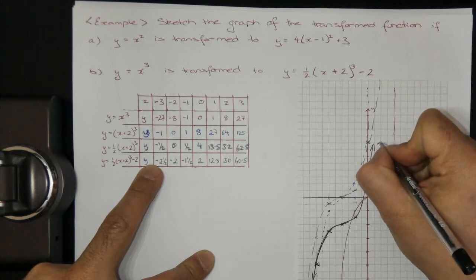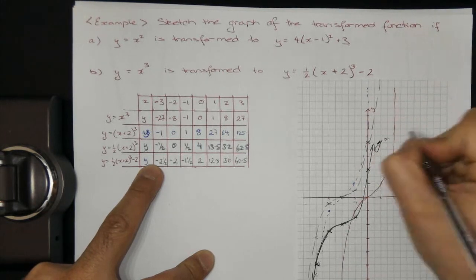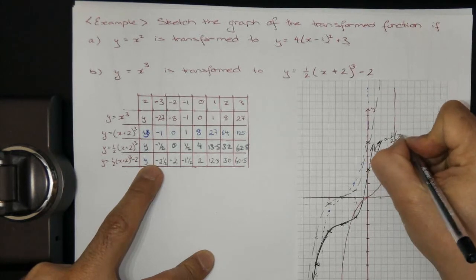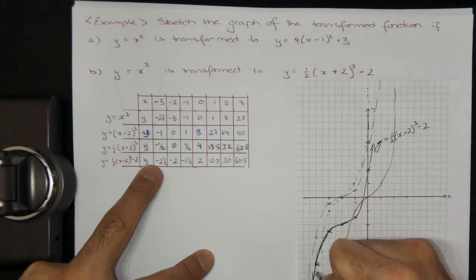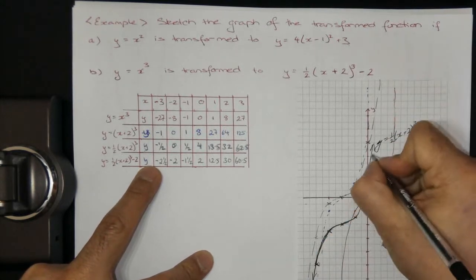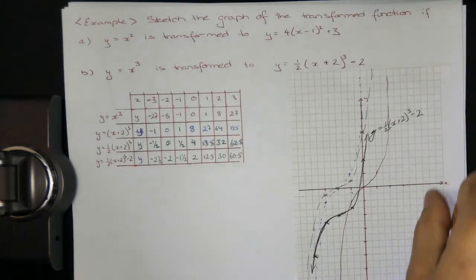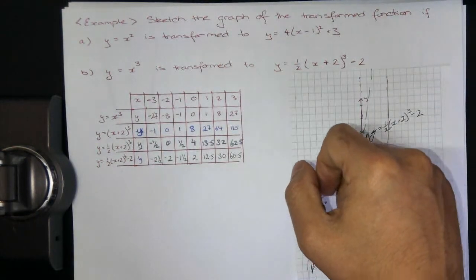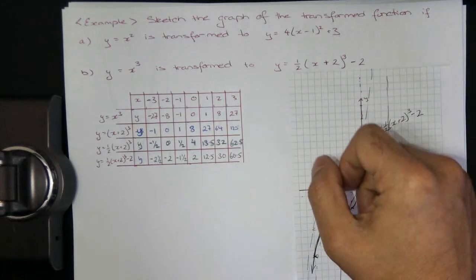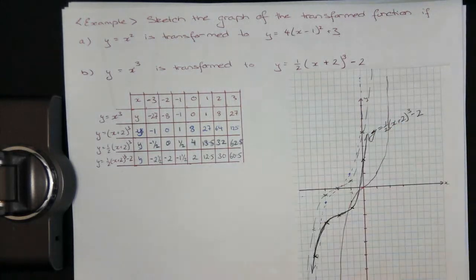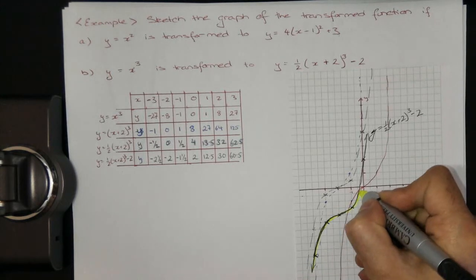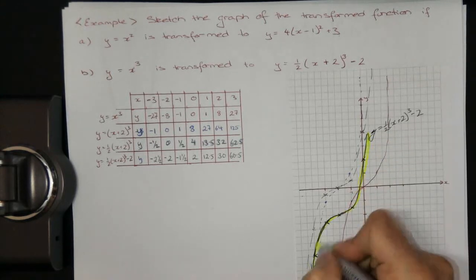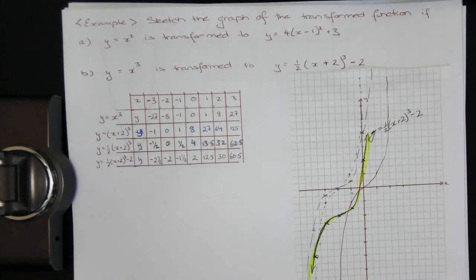So this is y equals a half (x plus 2) cubed minus 2. Let me just highlight that one just to say that's the one I'm wanting.